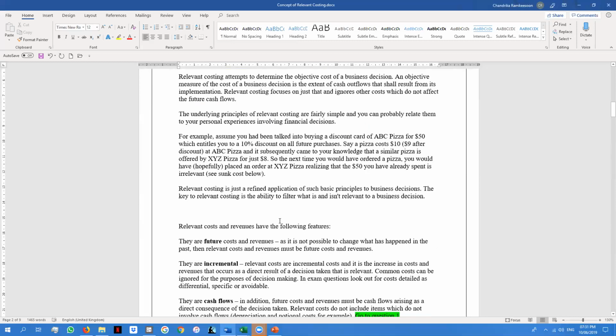Relevant costing is just a refined application of such basic principles to business decisions. The key to relevant costing is the ability to filter what is and isn't relevant to a business decision.